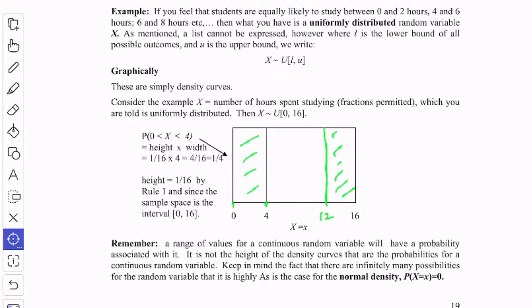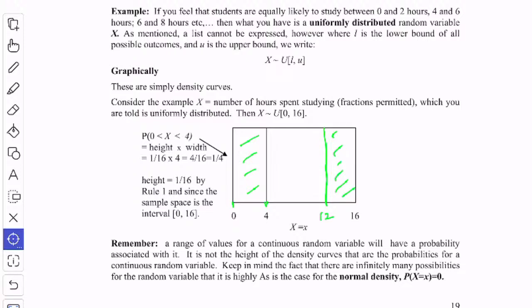Now, all I need to know to derive areas under this curve, even though it's not a curve, it's a box, but we'll talk about the curve, is the rectangle, right? I need to know the dimensions of the rectangle to be able to interpret or compute areas.